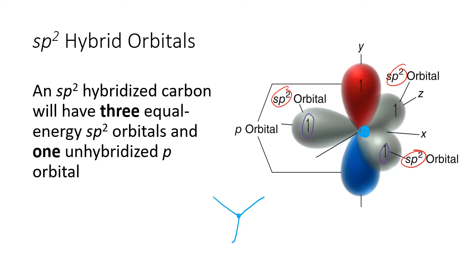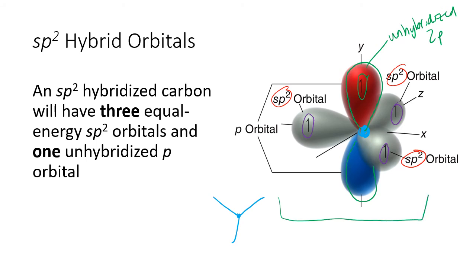They're ready to overlap with something else. And then we have left over, represented with a red and a blue sphere, our unhybridized 2p orbital. That unhybridized 2p orbital is also ready to go. It is half filled with 1 electron as well. So each carbon is going to bring a picture just like this to the dance when they come to overlap. This is what each carbon will have.